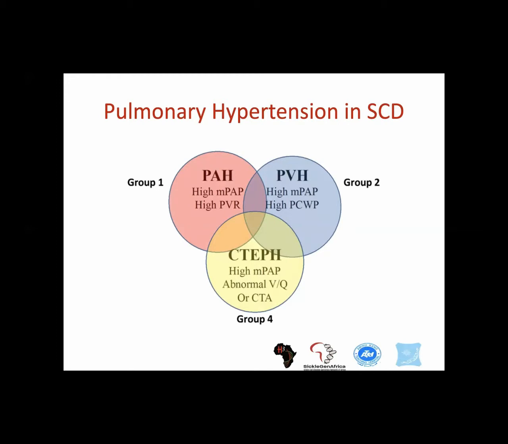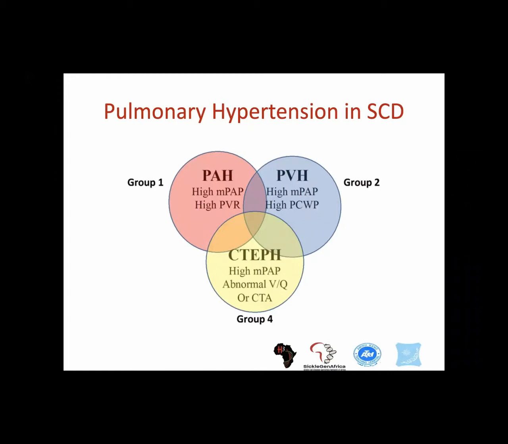Finally, these patients with sickle cell disease have thromboembolic phenomena. And then over time, they can develop what is called chronic thromboembolic pulmonary hypertension, which is category 4. So patients with sickle cell disease have overlapping pathways: pulmonary arterial hypertension, pulmonary venous hypertension, as well as chronic thromboembolic pulmonary hypertension.